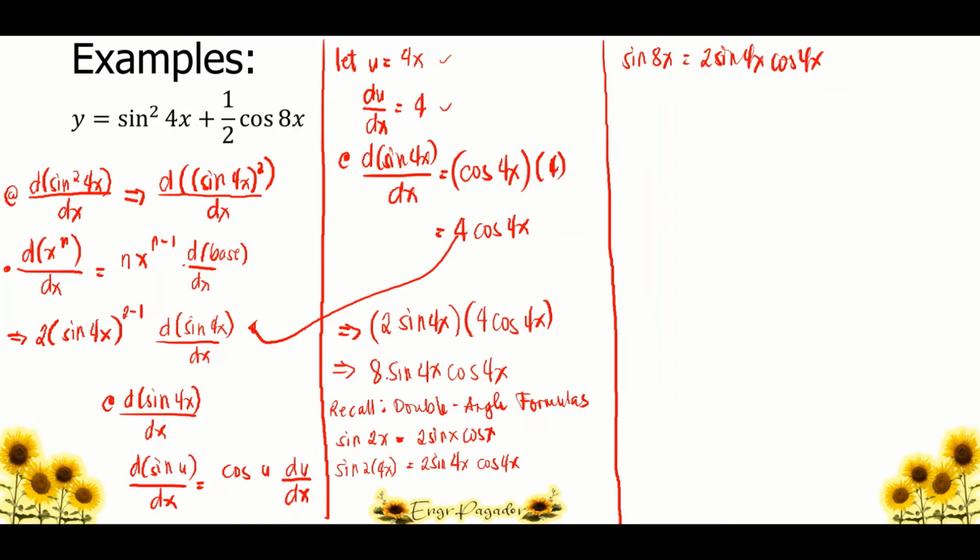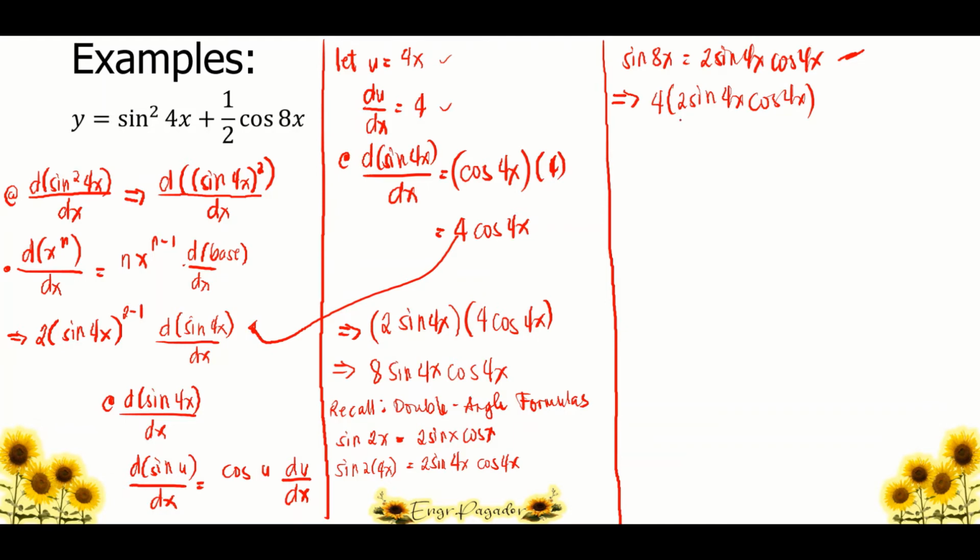If we get the factors of 8, we can write this as 4 times 2 sine 4x cosine 4x, which will now be uniform with our trigonometric identity.